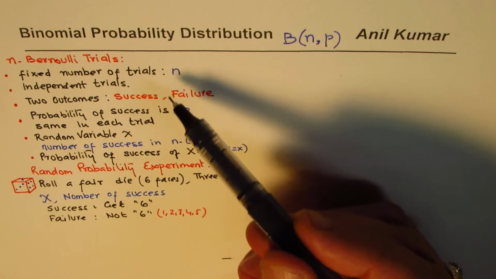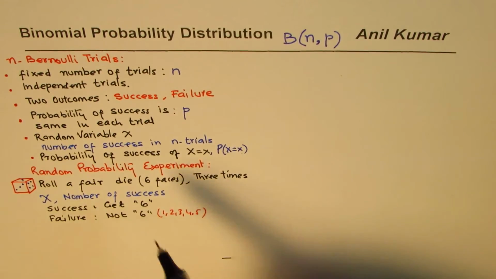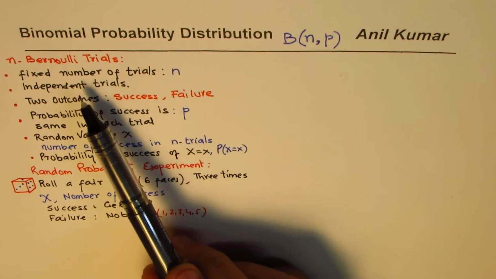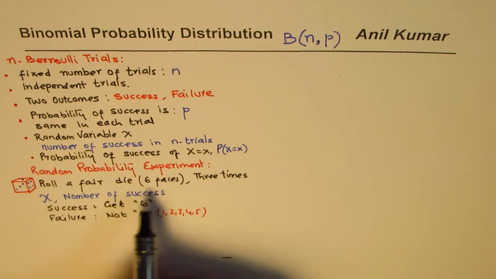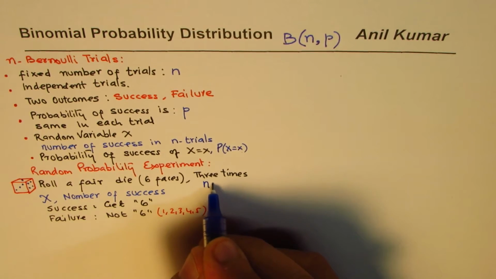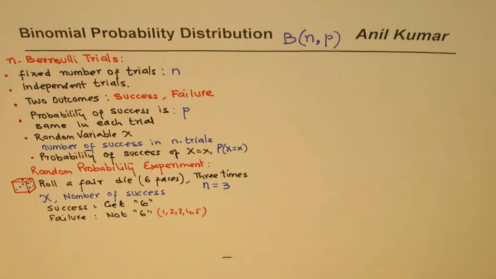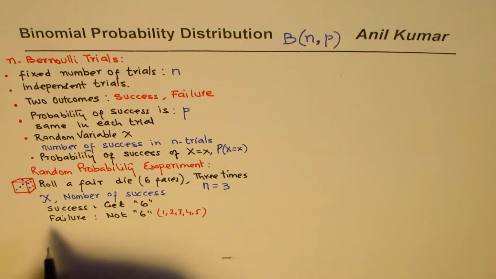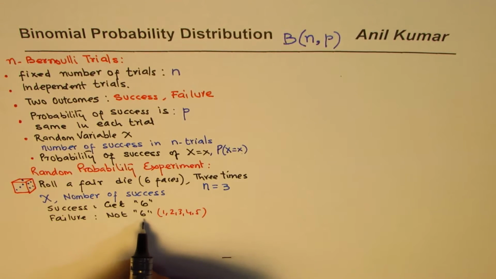Now let's get back to all these parameters. The first parameter is the number of trials, and we are saying the number of trials is 3 times, so n equals 3. Now success is getting 6.